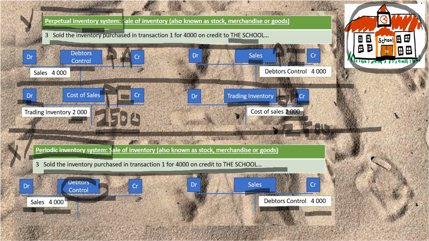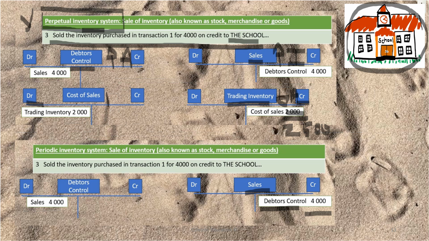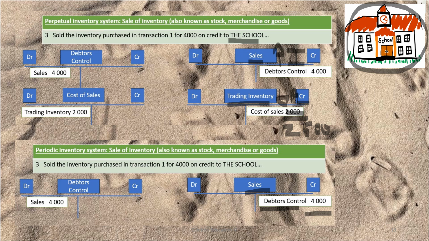So that was an example or the summary of recording a sale in both the perpetual and the periodic inventory system. So it was a comparison of the two. There you can have a look at which accounts were debited and which accounts were credited with both systems.